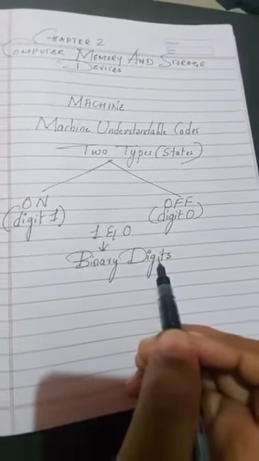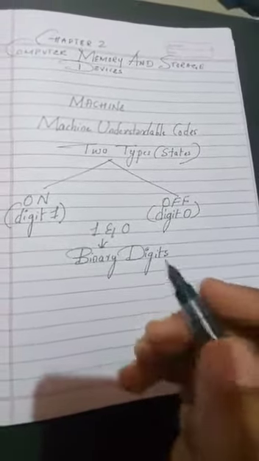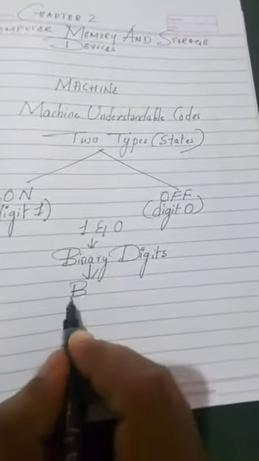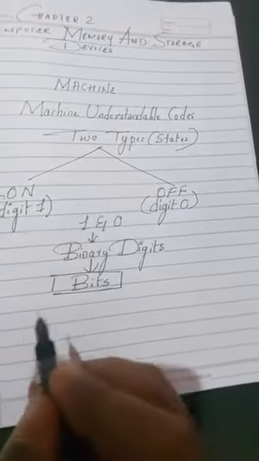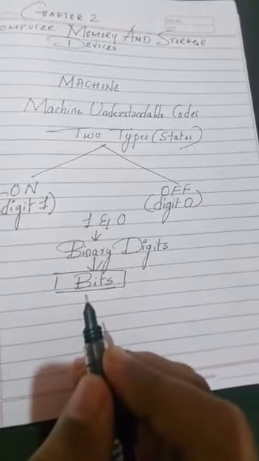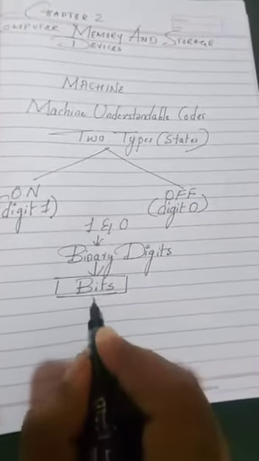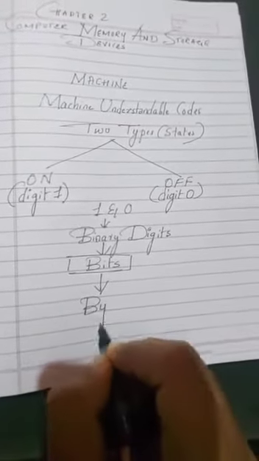So it is called binary digits. The information that we store in the computer will be in the form of bits, and it will be measured in bytes.